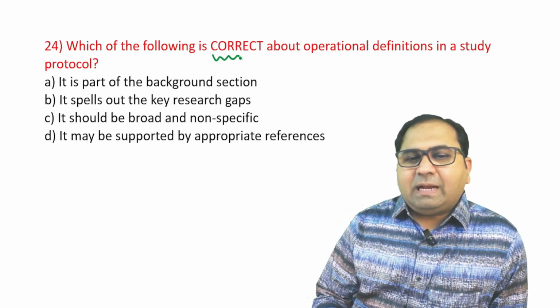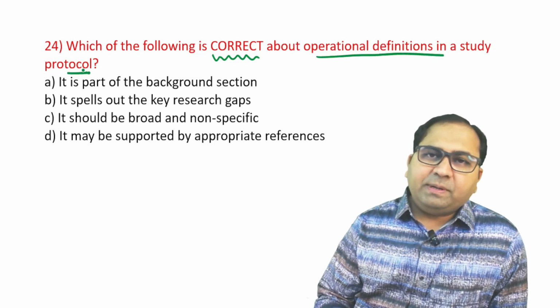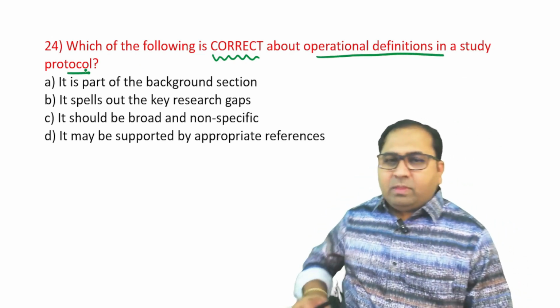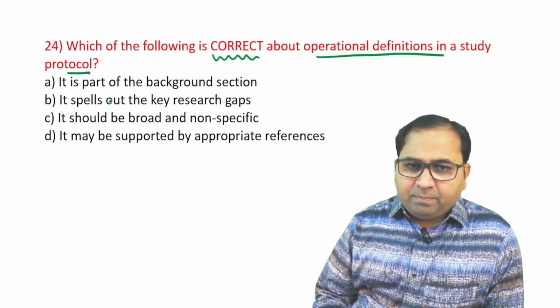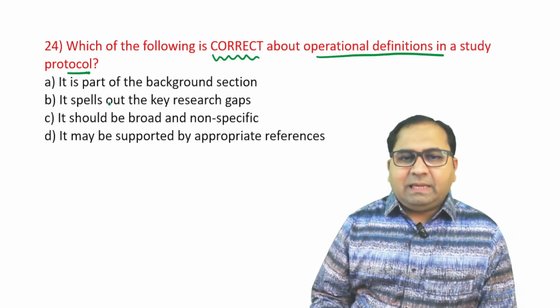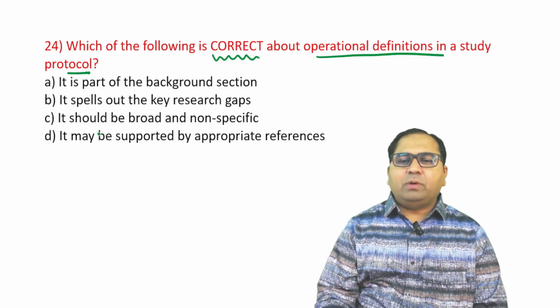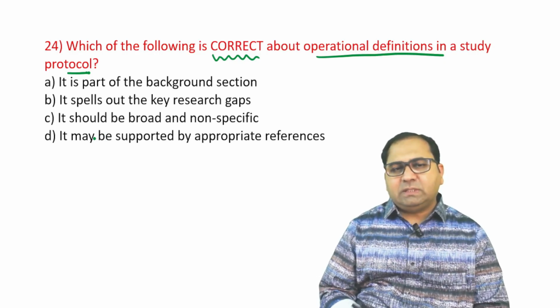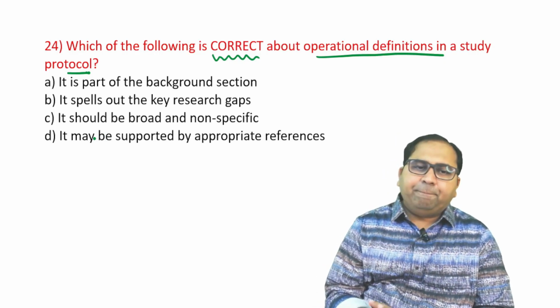Next question. Which of the following is correct about operational definitions in a study protocol? The options are A, it is a part of the background section. B, it spells out the key research gaps. C, it should be broad and non-specific. Or D, it may be supported by appropriate references. So which of the following is correct? Let us see the options again.